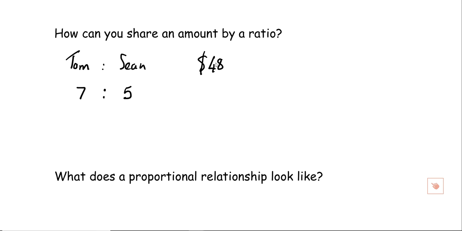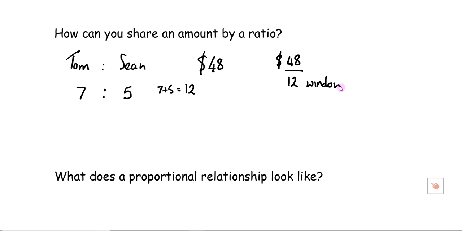So to share that out fairly, how would you share it, Nick? 7 plus 5 is 12. So that's the 12 windows. Good. And then we do 48 divided by... almost, you say this every time. What should we do division-wise? 48 divided by. Good. So we're going to do the $48 divided by the 12 windows.